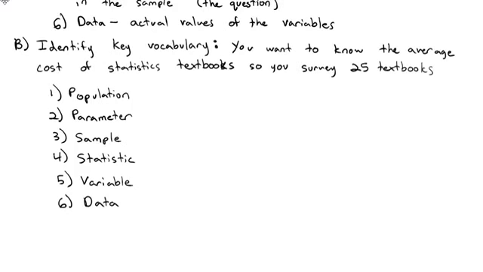First, the population. The population is everything that we're possibly interested in. So we're talking about statistics textbooks. The population would be all statistics textbooks. And the parameter that we're interested in studying about those statistics textbooks is the average cost.